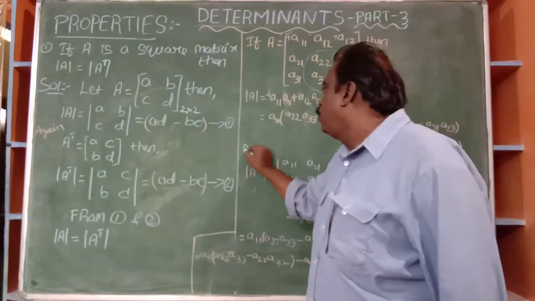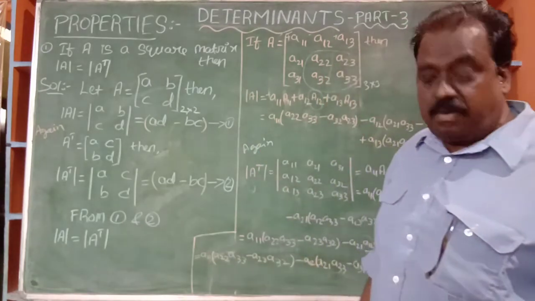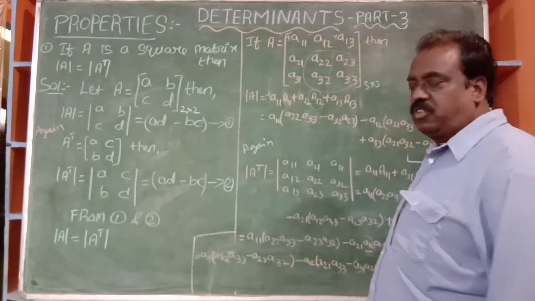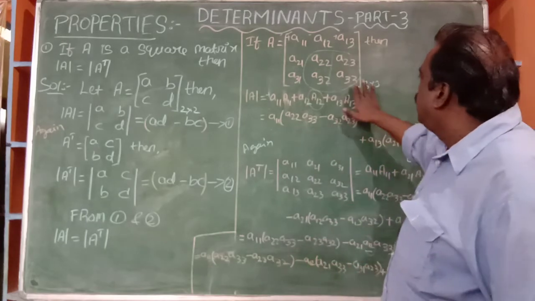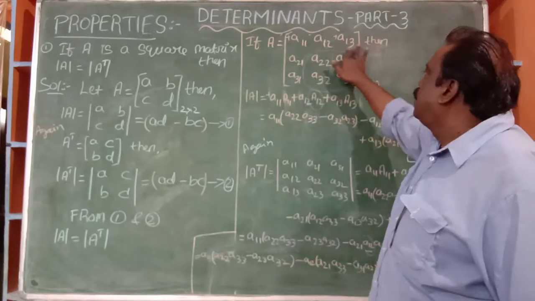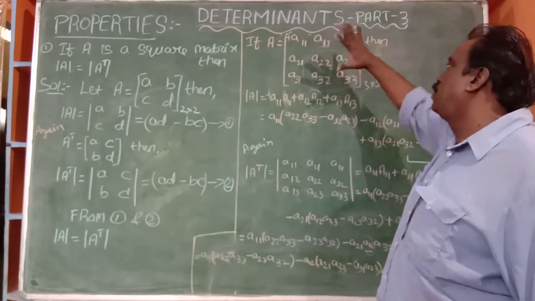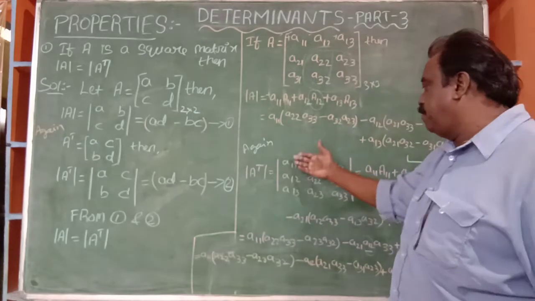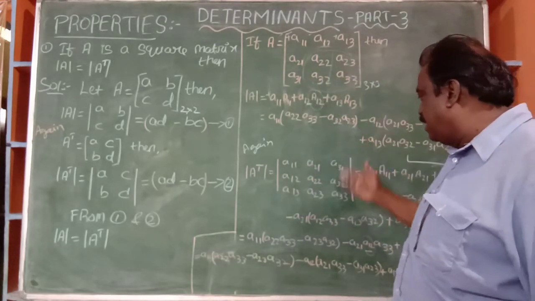Again, we calculate the determinant of A transpose. A transpose means, in the given matrix, the rows are changed into columns: first row as first column, second row as second column, third row as third column.